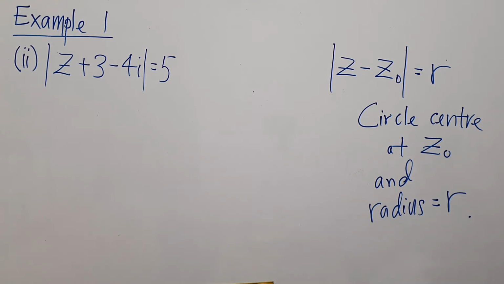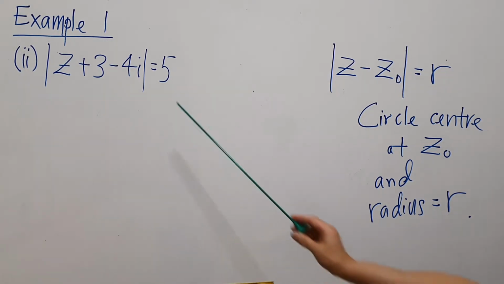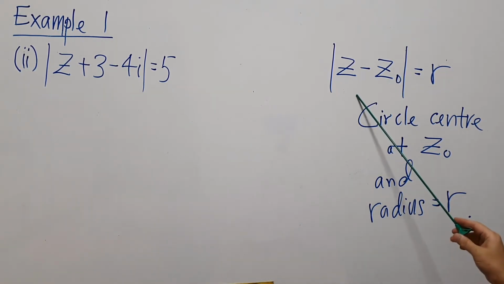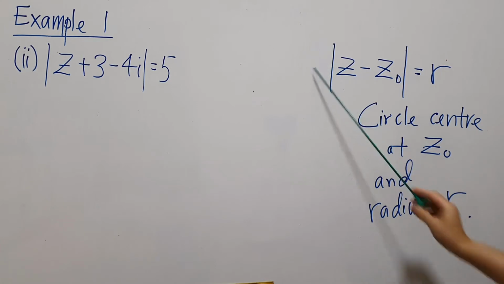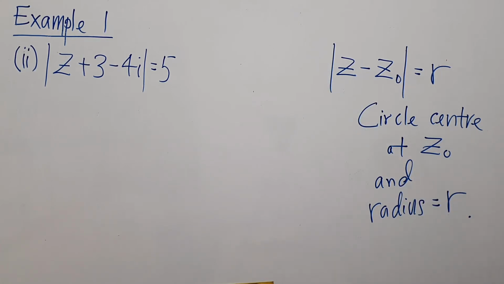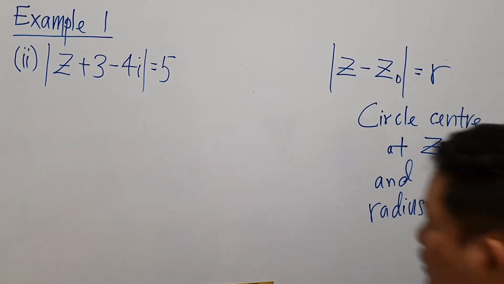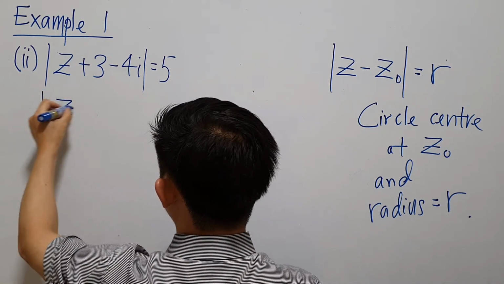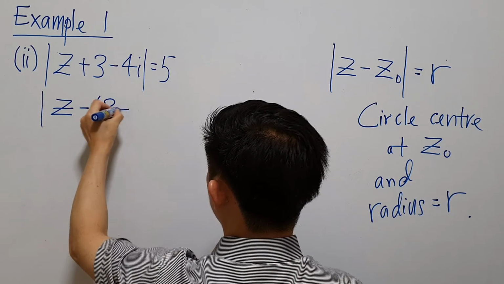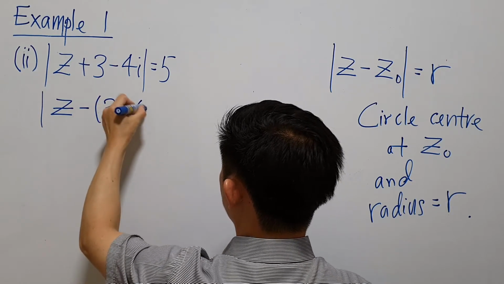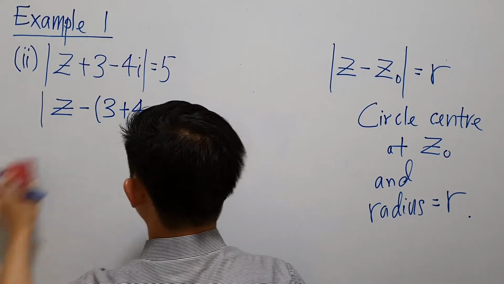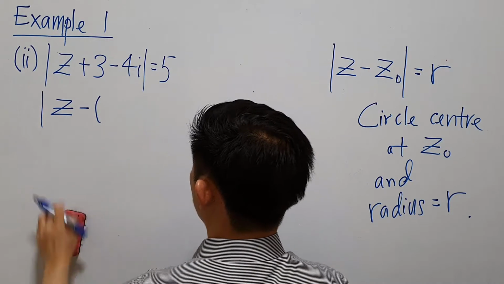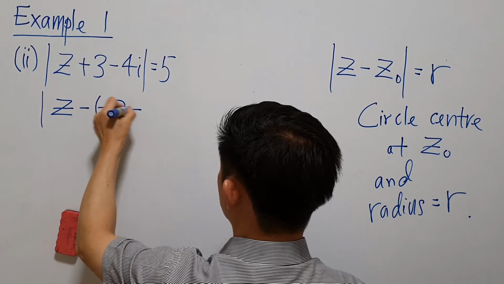And to make the corresponding conclusion, it is important for you to rewrite this equation to match the generic form of a circle. So for this question, what you ought to do is rewrite this like this.